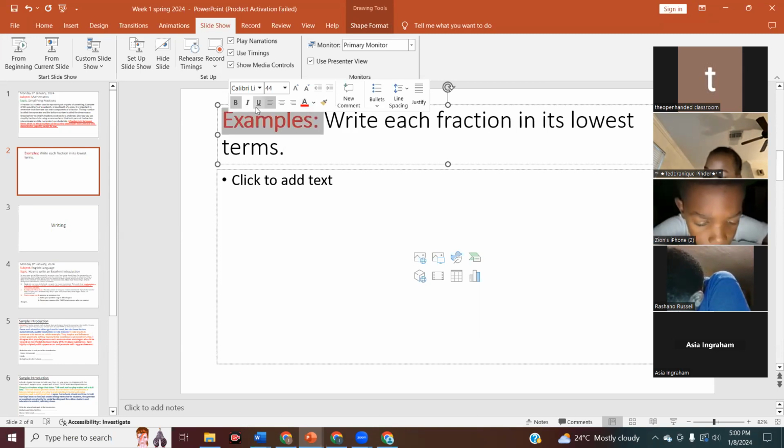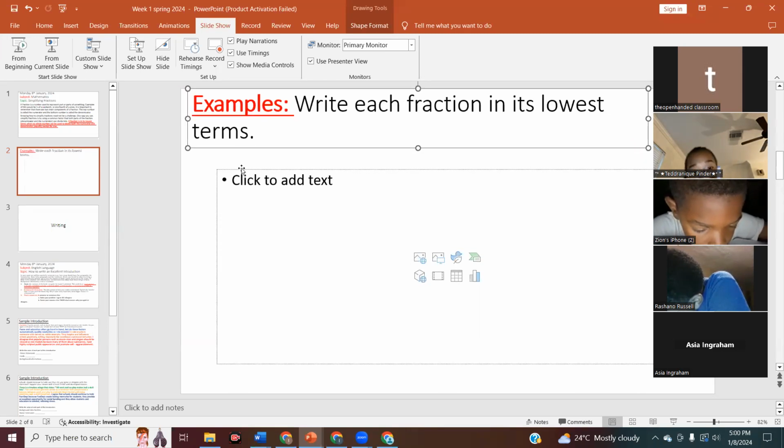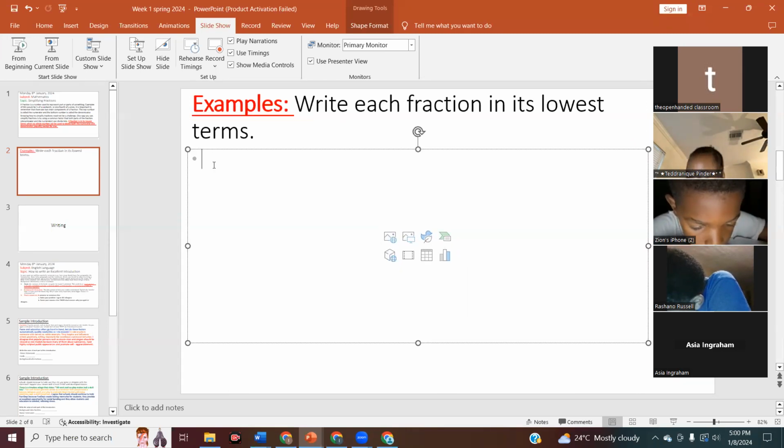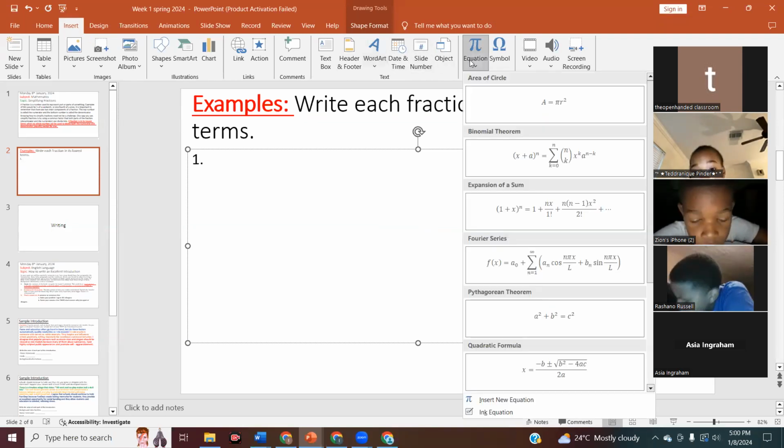So the instructions are to write each fraction in its lowest terms. Let's begin with number 1. Anyone can answer, by the way.